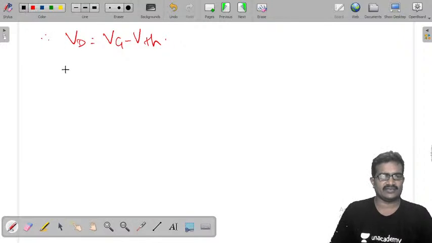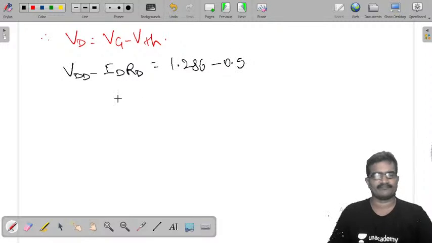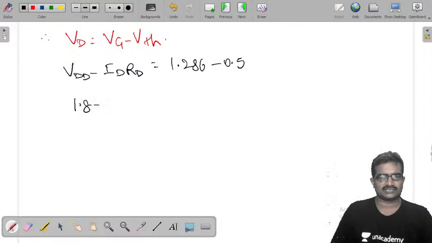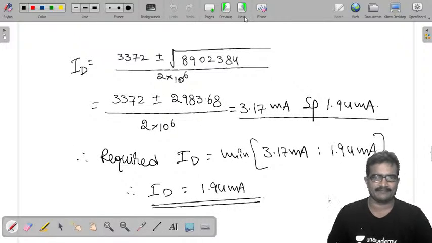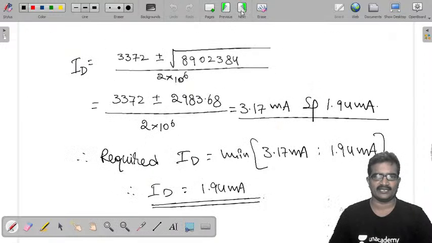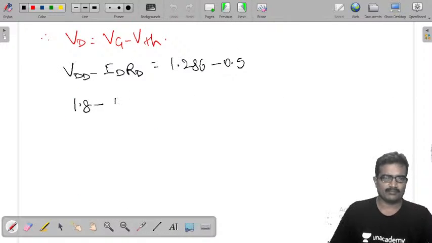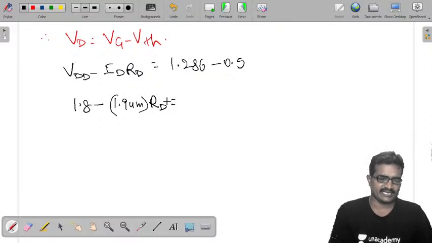So VD, which is VDD minus IDRD, is greater than or equal to VG, 1.286, minus VTH, 0.5. That is 1.8 volts minus ID, which we got approximately 1.94 milli, into RD, greater than or equal to 1.286 minus 0.5.